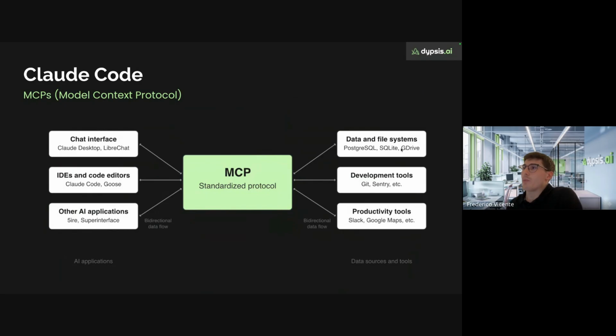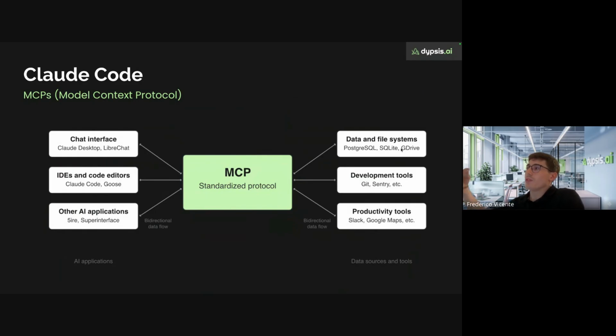So MCP is a protocol that is now a standard, and what happens is that we have some clients, for instance, Cloud Code would be considered a client, or ChatGPT or Cloud Desktop, which are also clients.